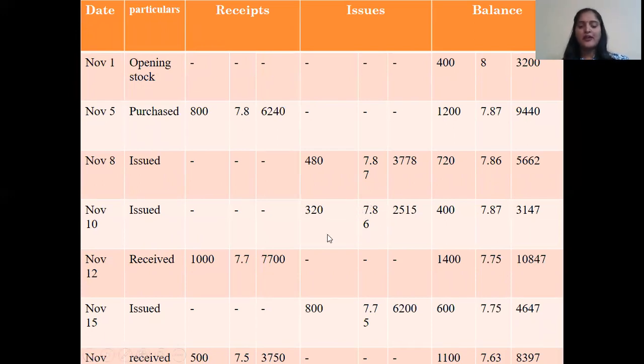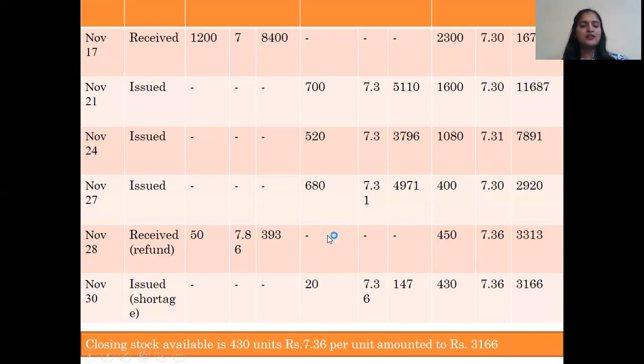7.86. Okay, now you need to take the same on November 28th, for the refund of surplus, these 50 units. The rate that was issued on 10th, we have to take here. So take 7.86. So how much is the total amount? 393. Earlier balance, how much did we have? 400 we had. 400 plus 50, that is 450.